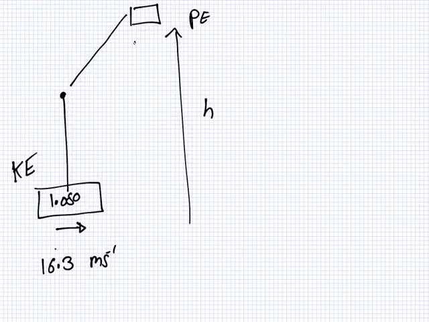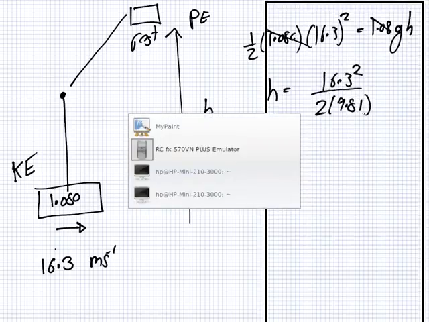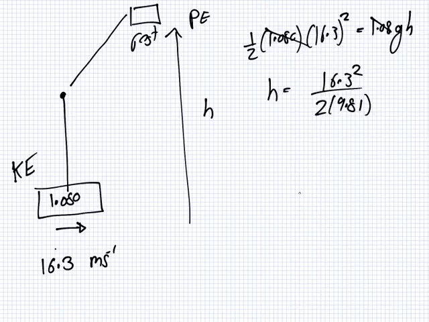Potential. It's at rest up here, so there's no kinetic. So a half m v squared equals m g h. I can cancel the m, and I get h is 16.3 squared over 2 times g, which is 13.5 meters.